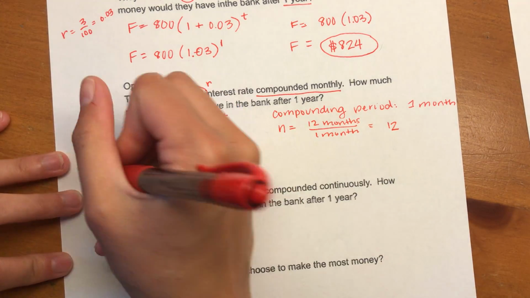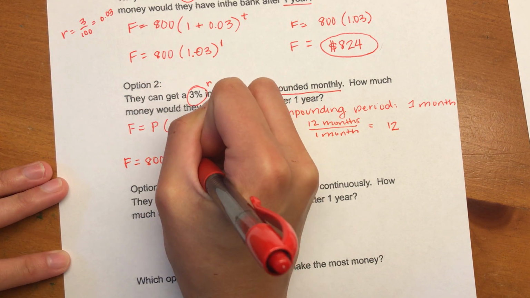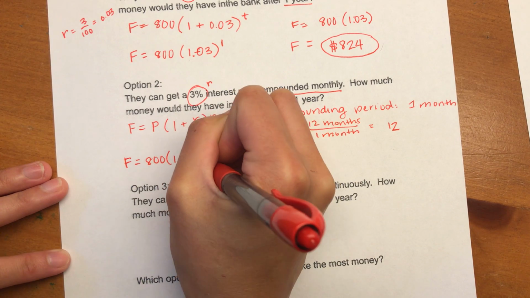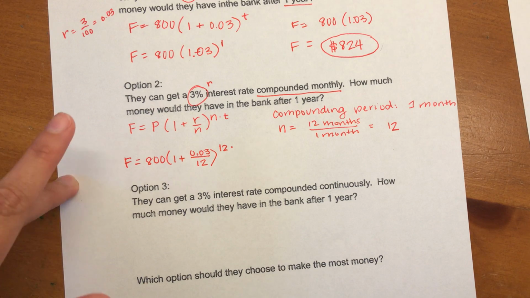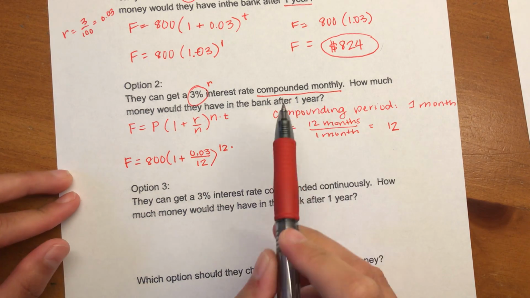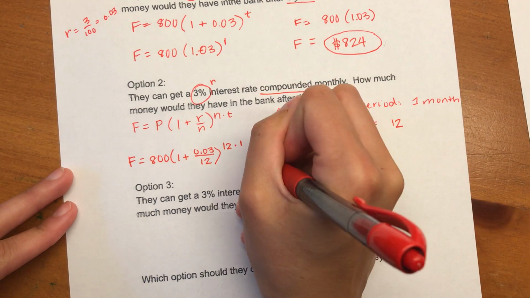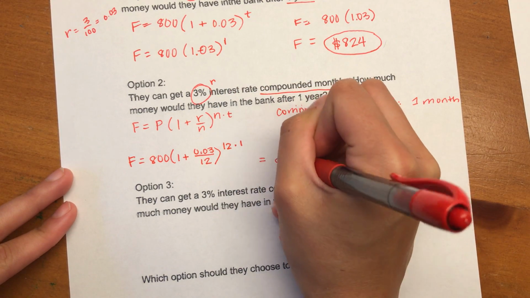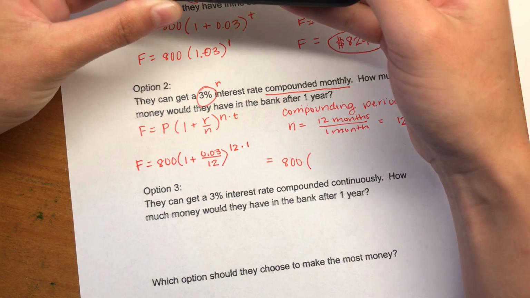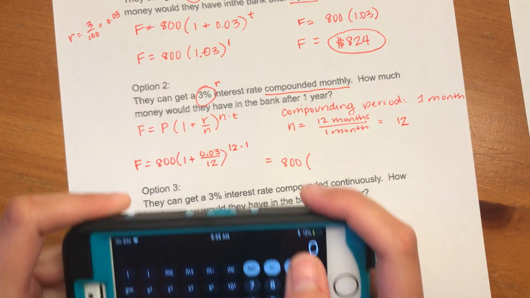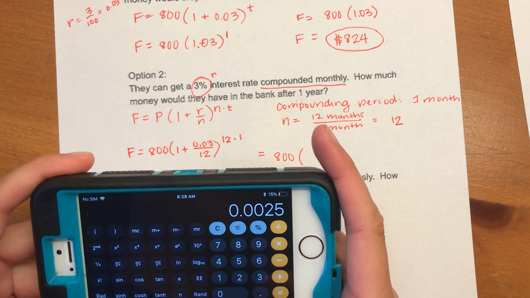Okay, so then I have F equals 800 times 1 plus 0.03 over 12 to the 12 times, and my T value is going to be 1 year again. So 12 times 1. Okay, so I've got 800 times, I'm going to go to my calculator, and I'm going to do 0.03 divided by 12.